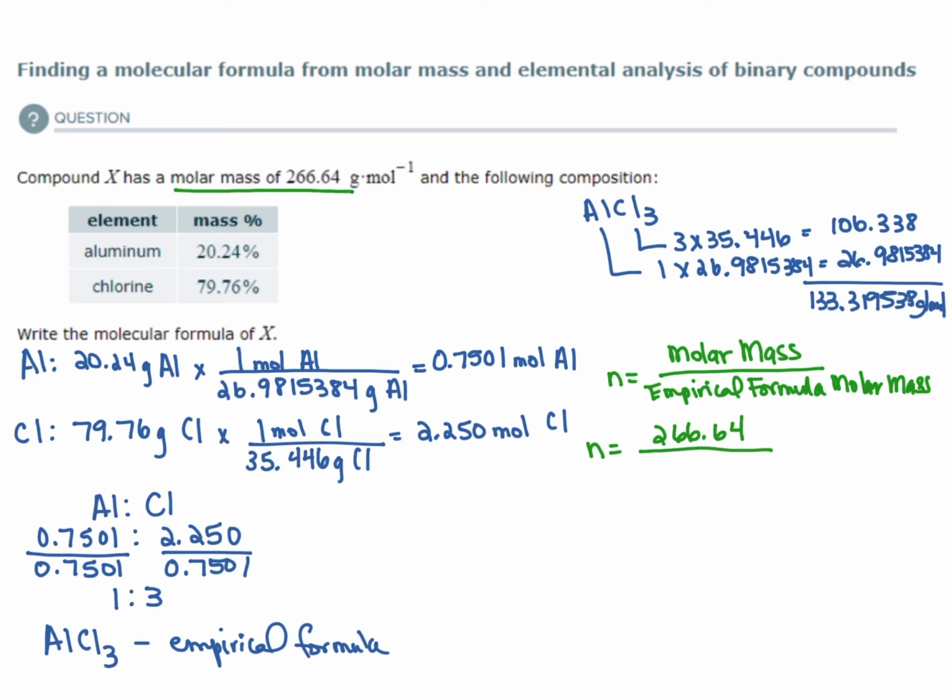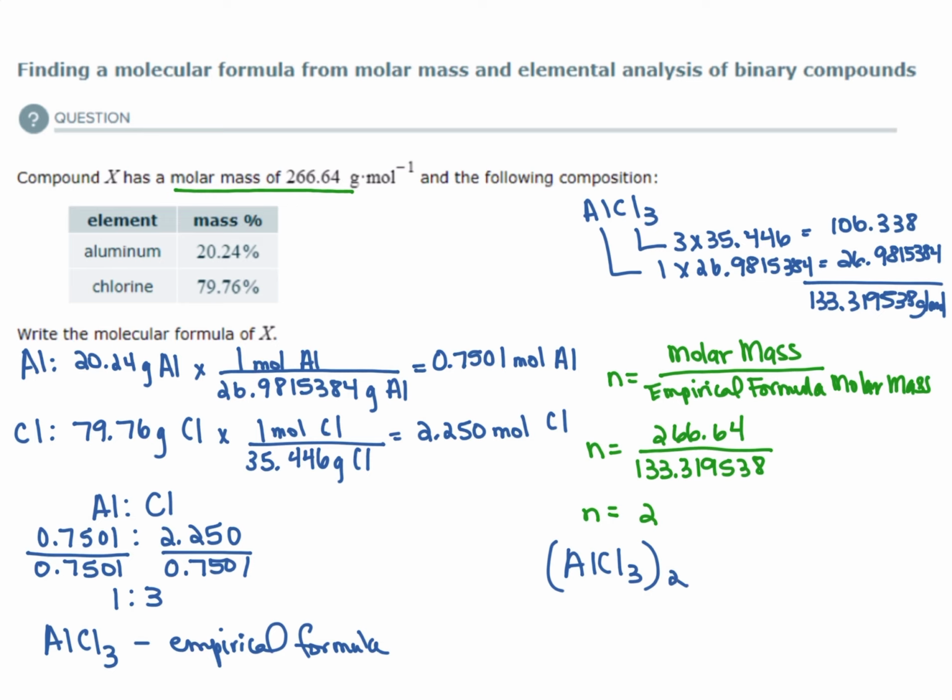The empirical formula mass is what we just determined. So n equals 2. That n equals 2 means that we multiply the empirical formula by 2.